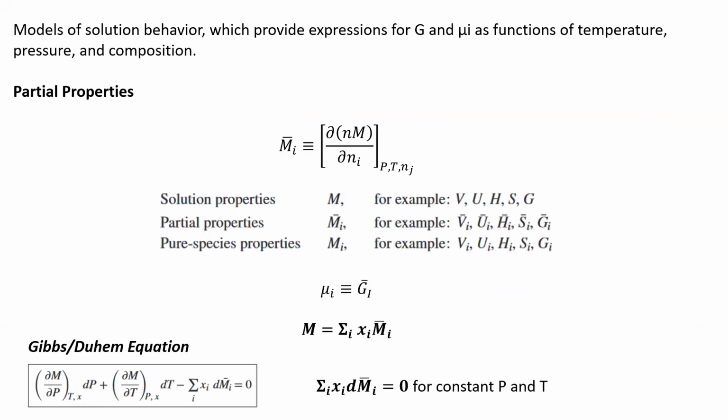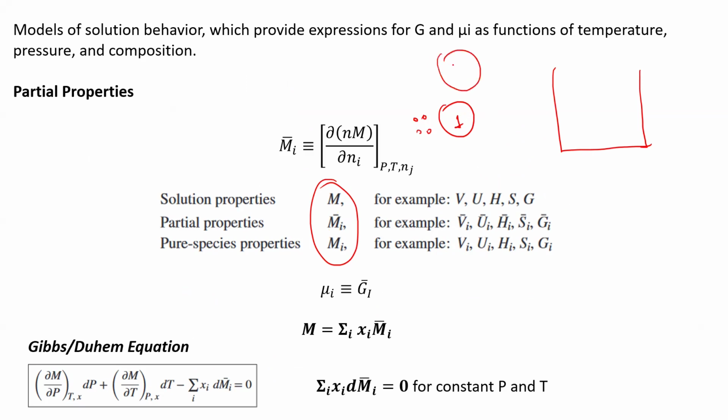And later we discussed what are the partial properties. So there are three distinct types of properties we can discuss as shown here. For example, I have a pure species 1, and I have pure species 2, and I have a mixture of these two species.